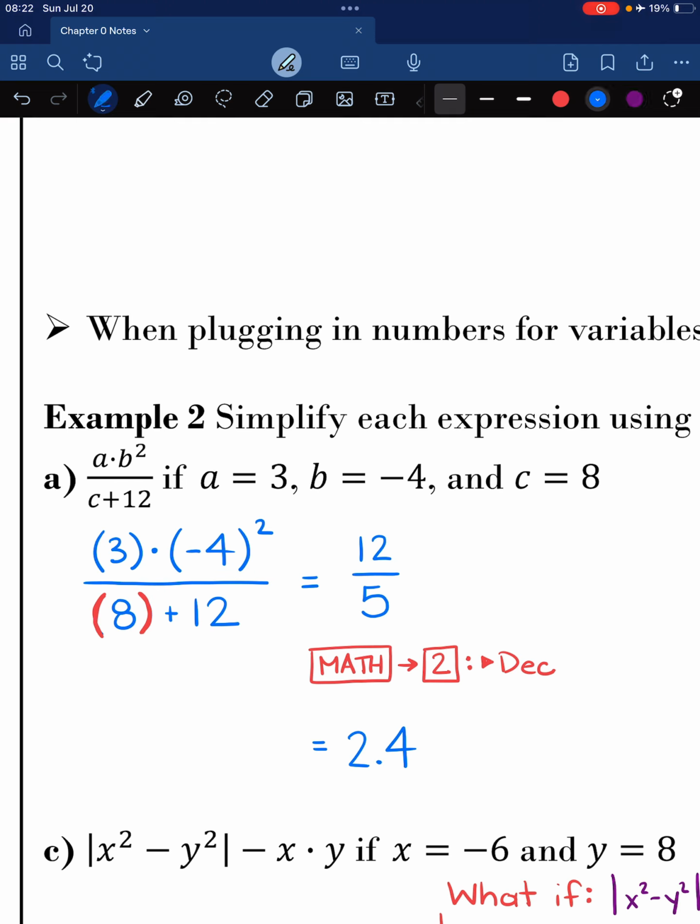And it's just a good habit to be in. Okay, so we type all that in, we get our answer, and just something that's good to know, if we wanted that answer as a decimal, which we don't need to, 12/5 is perfectly acceptable. I actually like that better. But if we wanted a decimal, we could go math, and then option number 2 is change to a decimal. Click that, press enter, we end up with 2.4. Hooray!